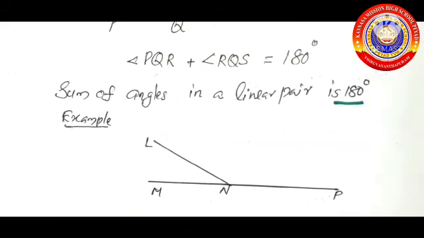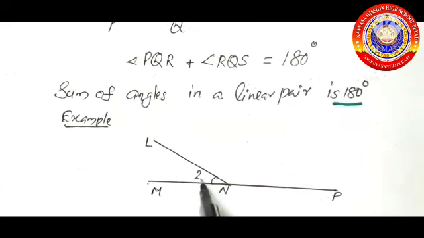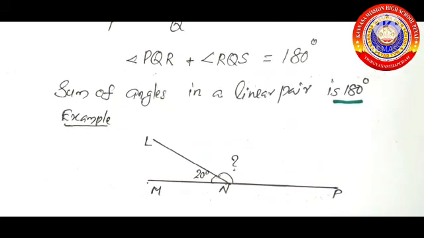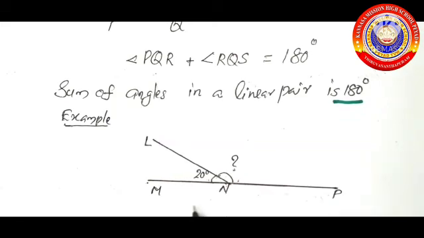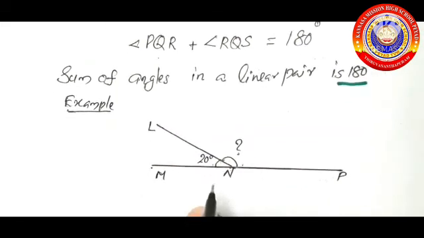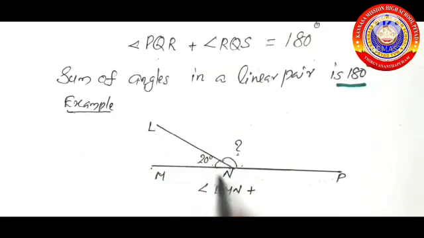For example, in the figure, angle LMN is equal to 20 degrees. Then we have to find angle LNP. Here, two lines MP and LN meet at the point N. Then the sum of the angles, angle LMN plus angle LNP, is equal to 180 degrees.